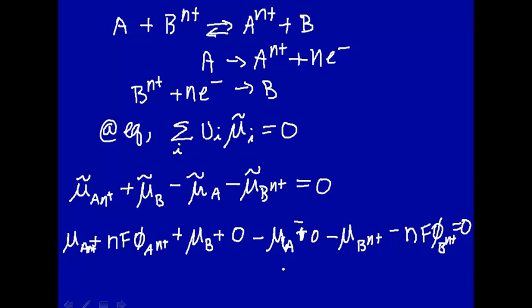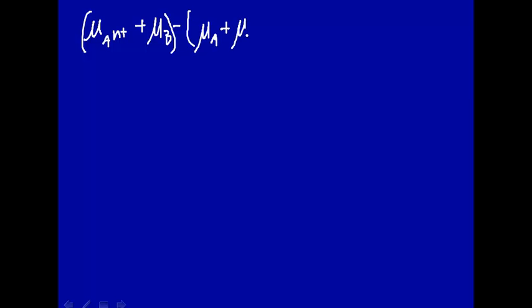All right, so let's collect some terms. Just rearrange this equation. Let's collect the terms that don't have the potential on one side. So this would be the chemical potential of Aⁿ⁺ plus the chemical potential of B, minus the chemical potential of A, minus the chemical potential of Bⁿ⁺, and these are just chemical potentials due to concentrations of various species in solution.